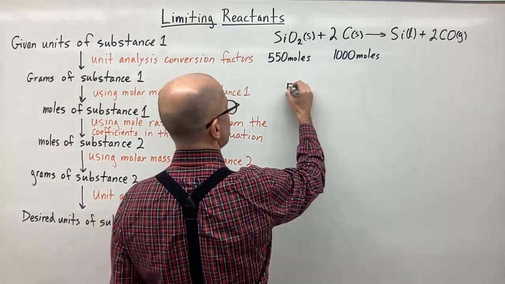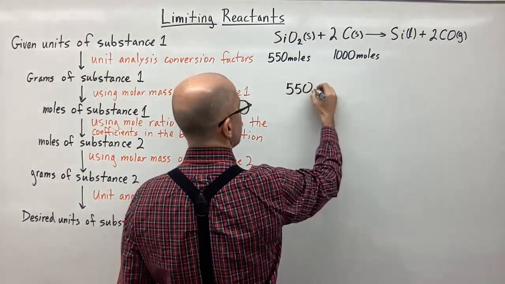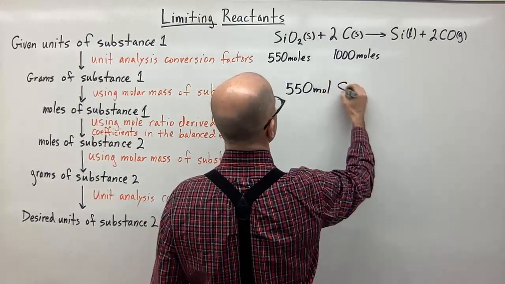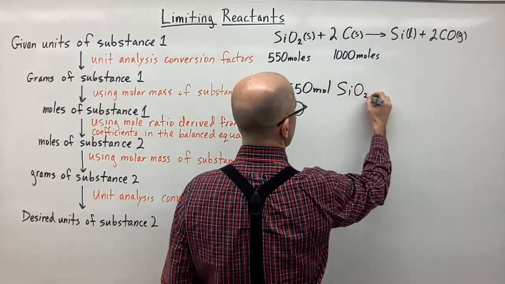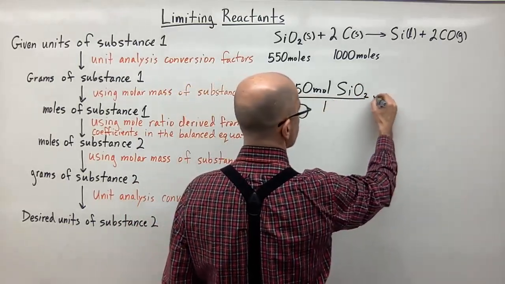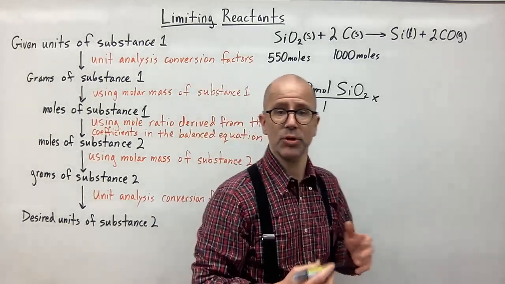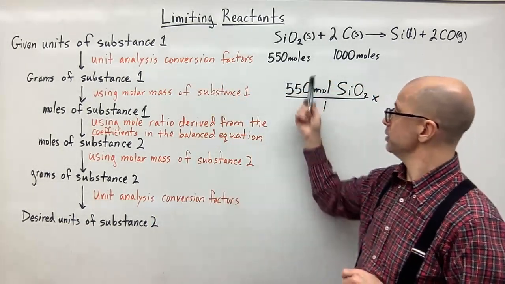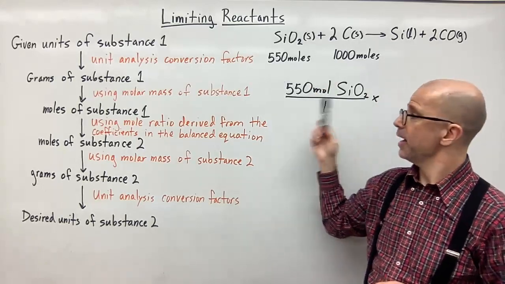So I have 550 moles of SiO2. I'm going to put that over 1. This is going to be a simple conversion because, according to the roadmap, I have substance 1, my silicon dioxide, and it's in moles.